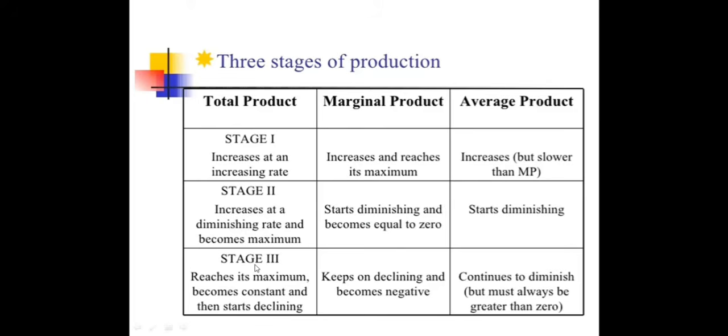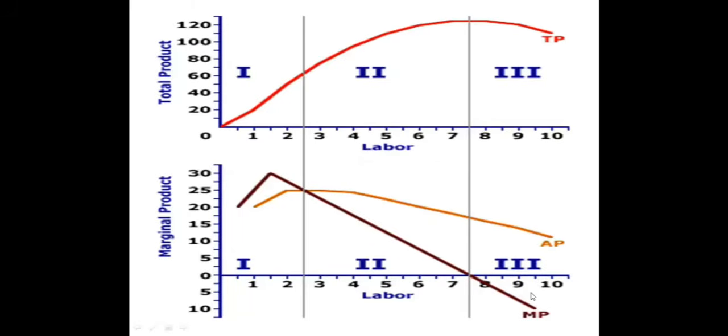In stage 3, the total product reaches its maximum, becomes constant, and then starts declining. Then marginal product keeps on declining and becomes negative. Regarding average product, it continues to diminish, but it will always be greater than 0. Certain things you have to remember: whenever your marginal product is 0, that is the point where your total product is maximum. This is a must question in the exam.